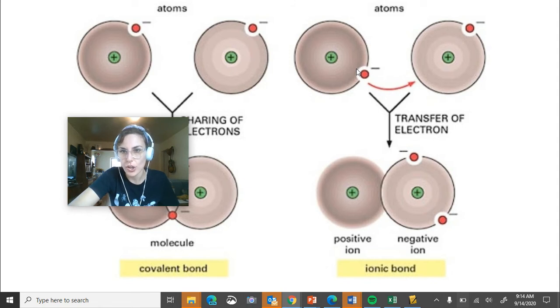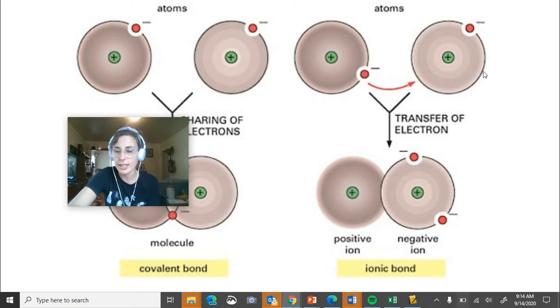So if an atom, let's say it's an atom of helium, has 2 protons and 2 electrons, when it loses its electron and it's donated to another atom, that helium now has a positive charge, extra positive, because it has 2 protons still in the nucleus, but only 1 electron in its outermost shell.